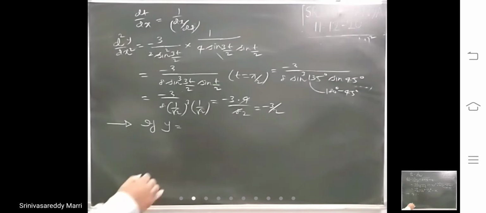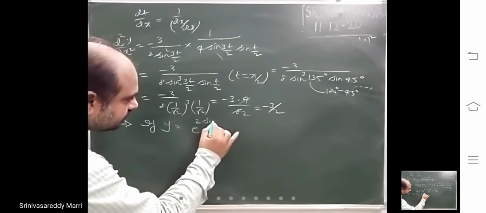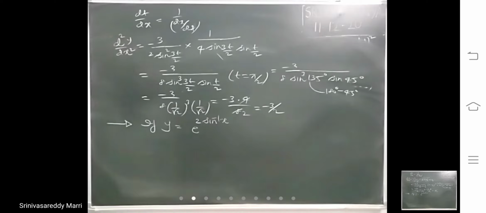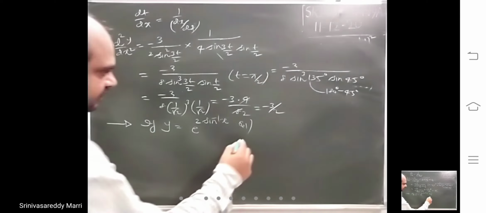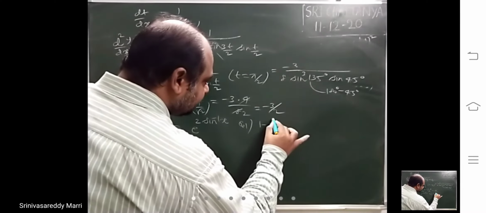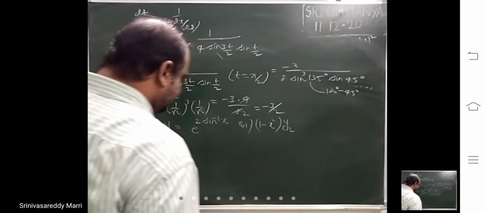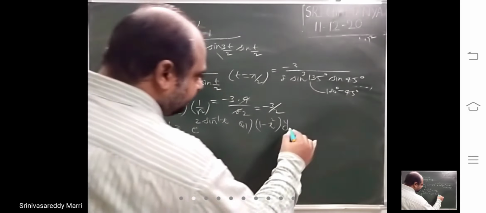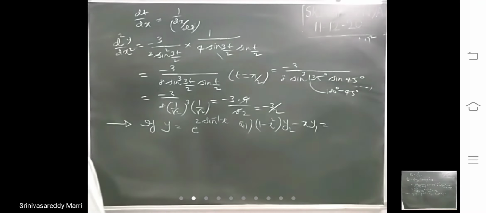If y equals e power 2 sine inverse x. He has given y. Now two questions I will give on this. Question 1. He is asking 1 minus x square into y2 minus xy1 equals to.